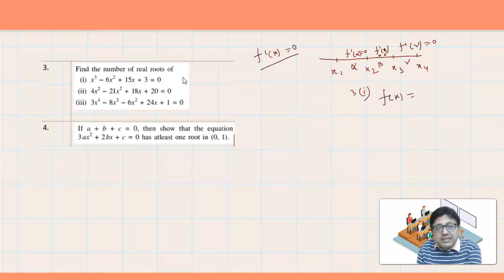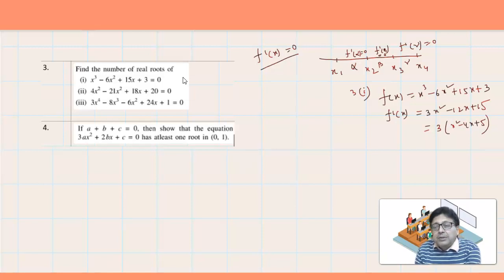You take f(x) = x cube minus 6x square plus 15x plus 3. What about f'(x)? This is going to be 3x square minus 12x plus 15. So this is 3 times (x square minus 4x plus 5).